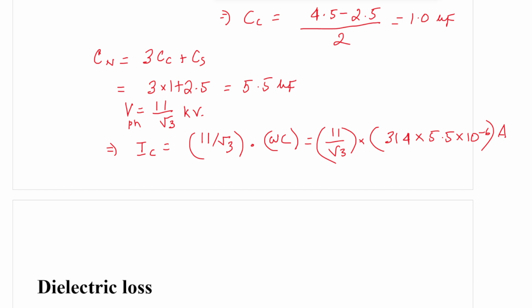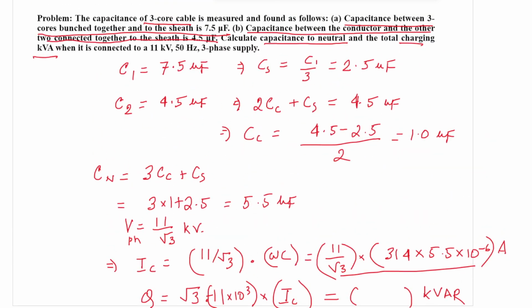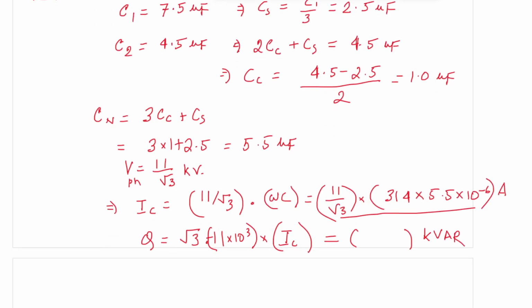Now the charging kVAR Q equals root 3 into 11 kV multiplied by this current. I do not have the data with me right now, so it will be in kVAR. So I want you to solve this. This is the problem, and this is how you solve it.